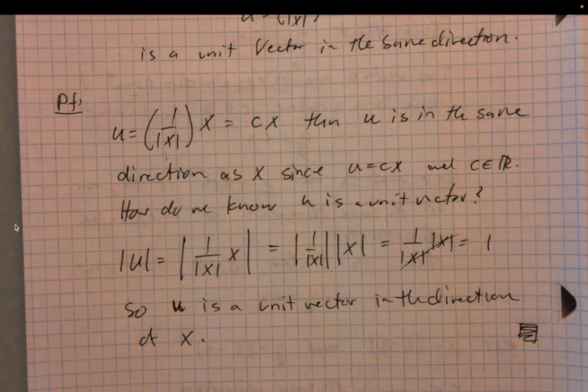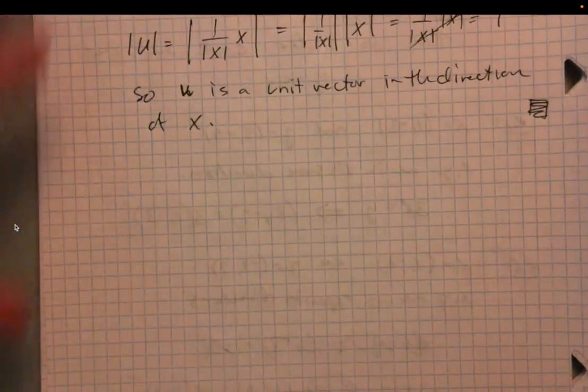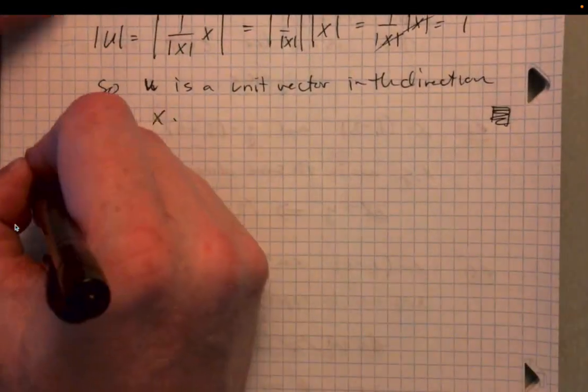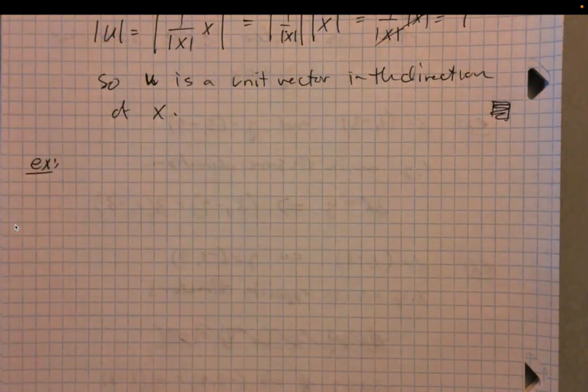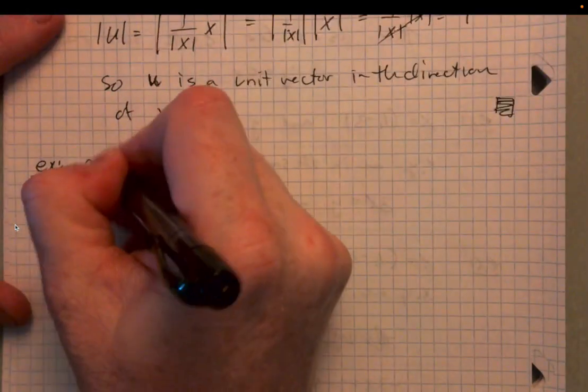All right. Let's do an example where we use this. This will come in very handy throughout the course. Calculating a unit vector in a certain direction is the kind of thing that will come up all the time.